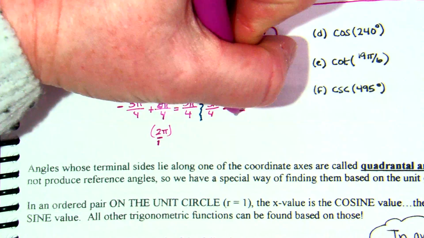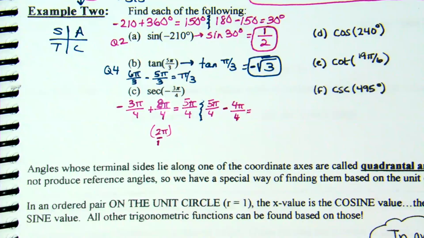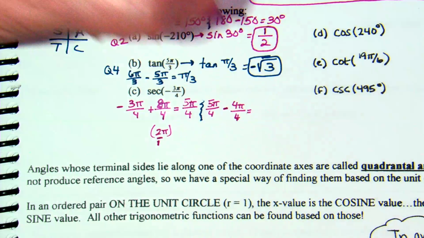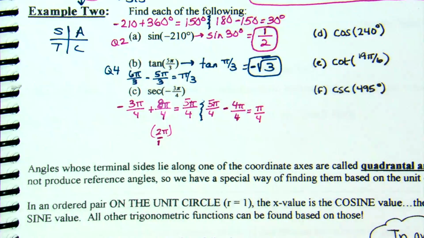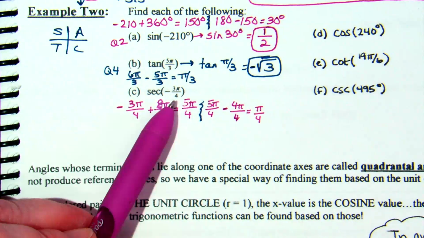We're subtracting that 4 fourths because it was closer to, is it closer to 1 pi or 2 pi? It was closer to 1 pi. So 5 pi over 4 minus 4 pi over 4 is pi over 4.